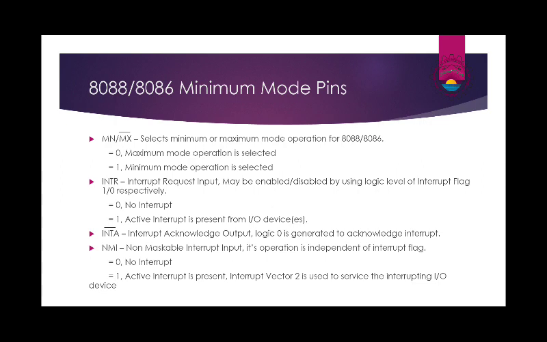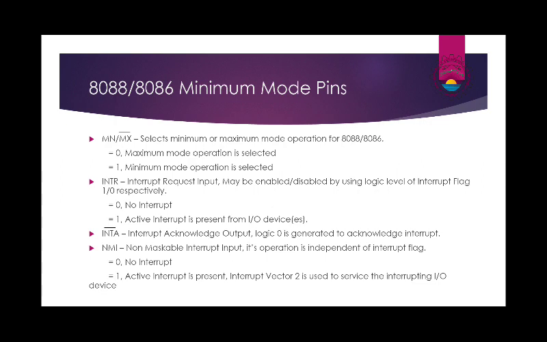So if you have placed interrupt flag at logic 1, then INTR is enabled, or otherwise if you have assigned interrupt flag at logic 0, then interrupt request pin is disabled.